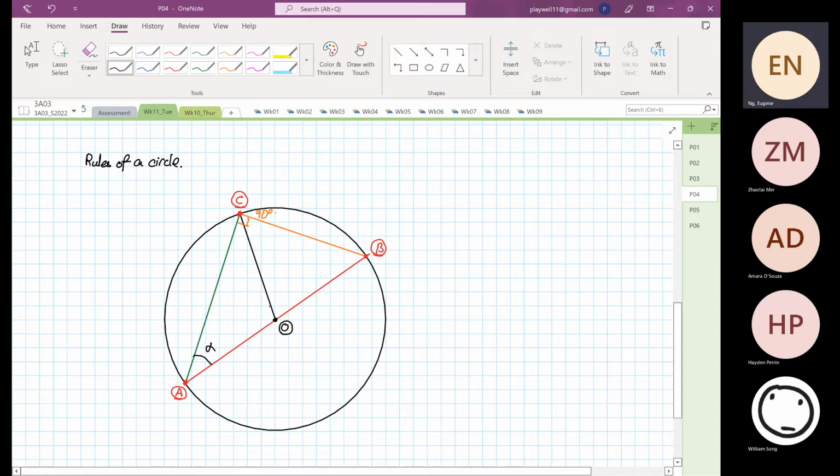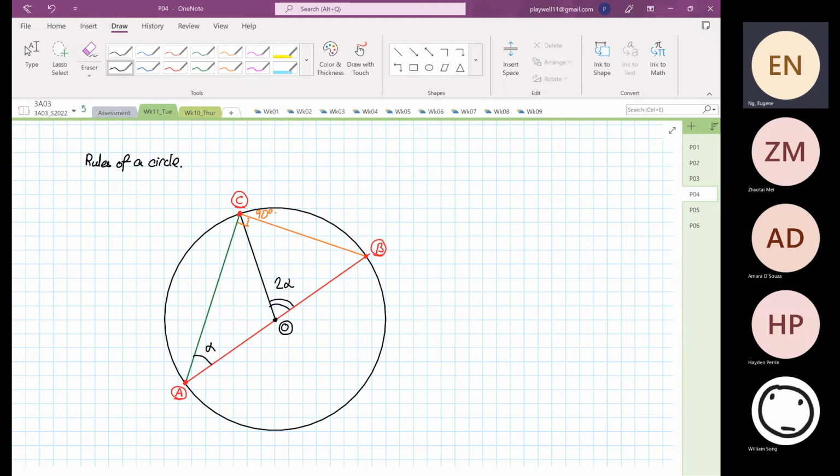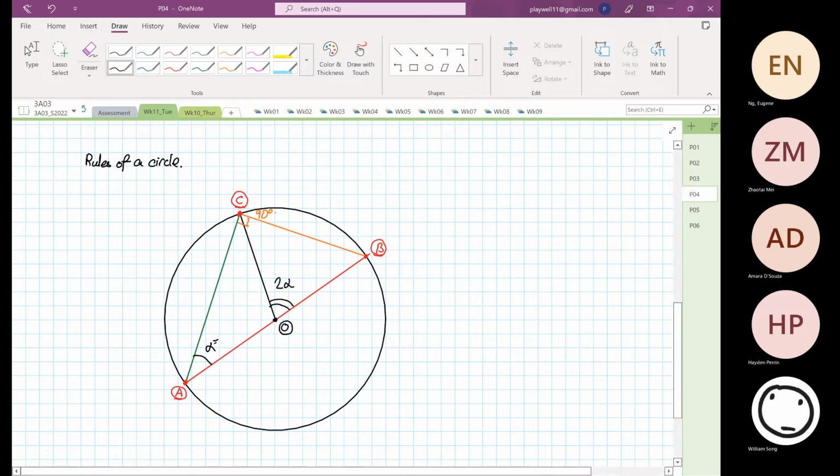And we are aware that this other angle over here will be 2 alpha. Taking my protractor to measure it now, I'm clocking about 35 degrees, and the other angle is clocking at 70 degrees.